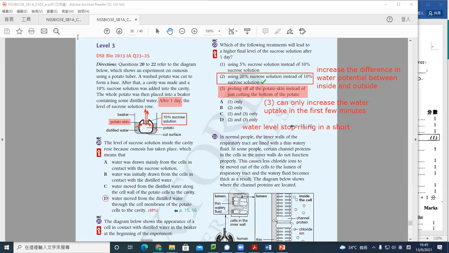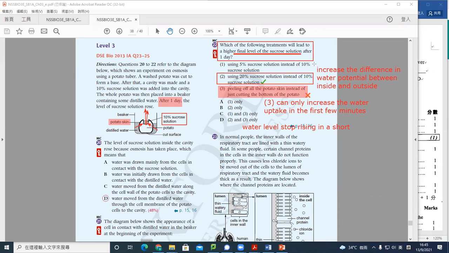Which one is the only factor affecting the final liquid level? Please read the question again. Which factor affects the final level of sucrose solution?